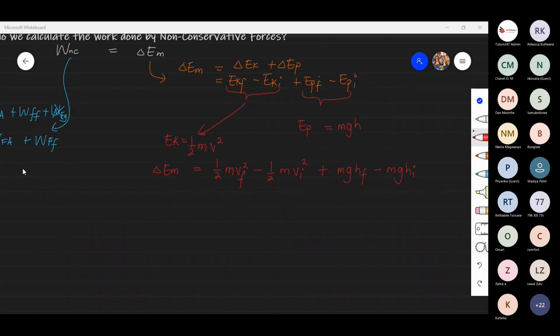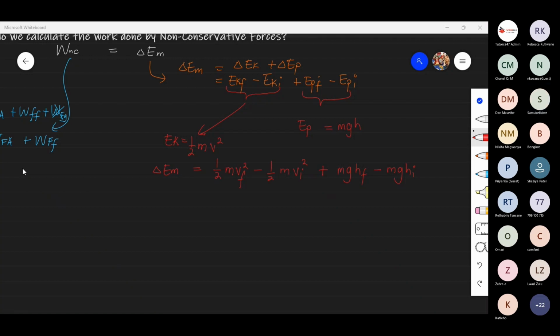We've now broken up each final and initial component into its own individual formula, right? So from this point, if you look at the kinetic energy part, you can see there's a common factor, a half m. The same way we did last week when we were dealing with our work energy theorem, we dealt with how to take out that common factor.